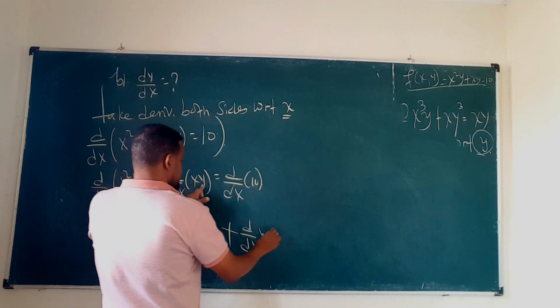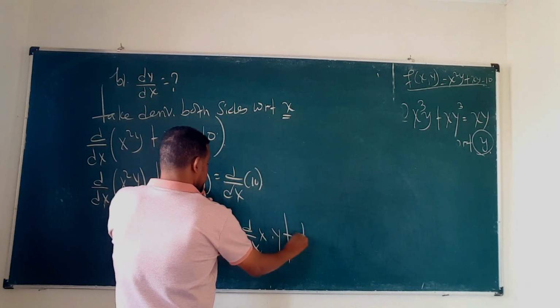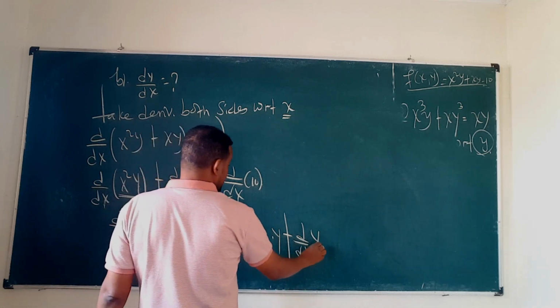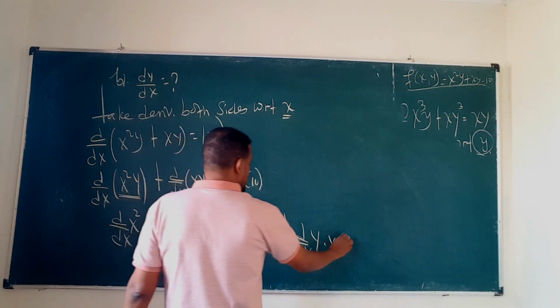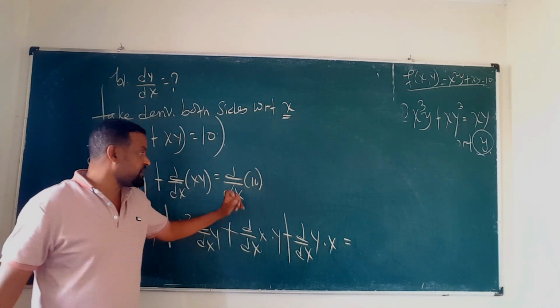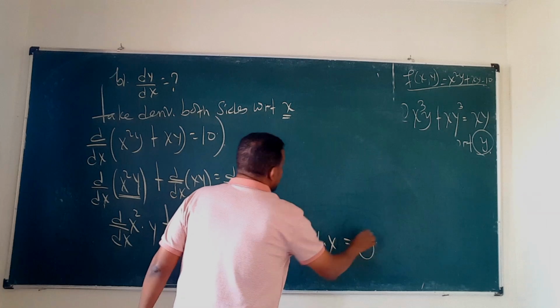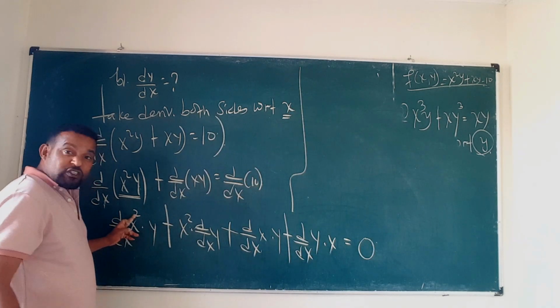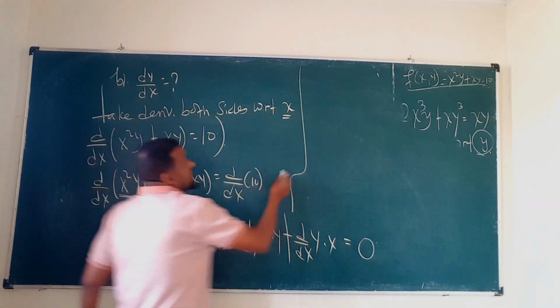Plus, for this one, d/dx of x times y, plus d/dx of y times x. And what is d/dx of 10? You know that the derivative of any constant is 0. Now the derivative of x squared is 2x.